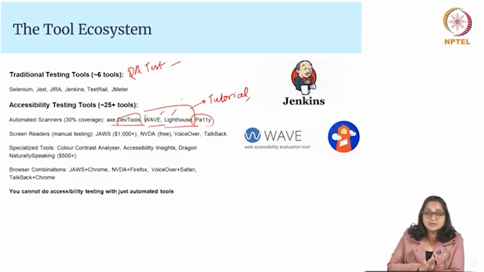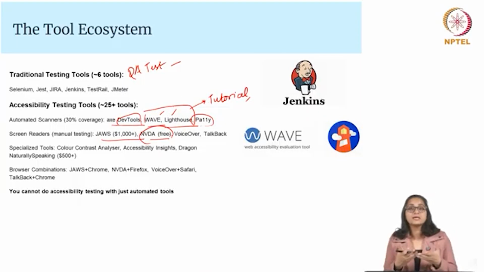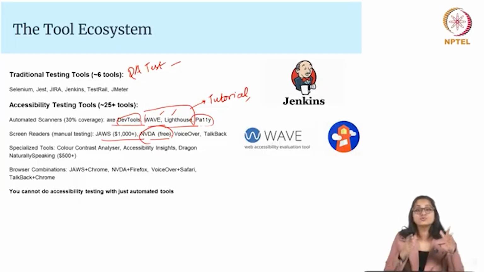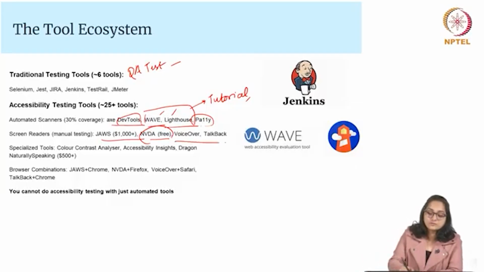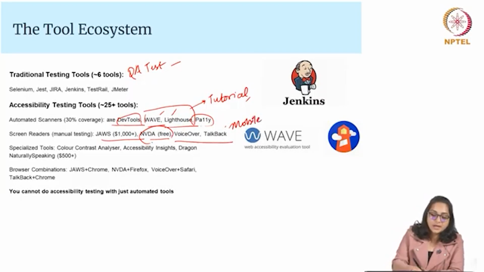Then there are screen readers, which you have to do manual testing with. JAWS, NVDA is free. So somebody in the QA team has to run the website along with JAWS or NVDA or VoiceOver or TalkBack. VoiceOver and TalkBack are mobile-based screen readers, and NVDA is largely used by Windows users, and VoiceOver is for iOS.